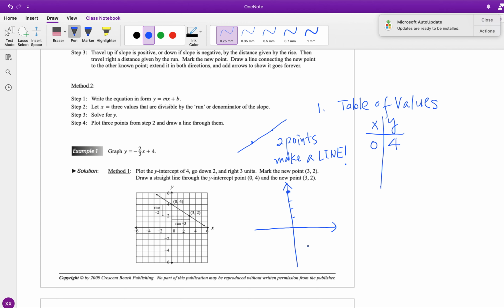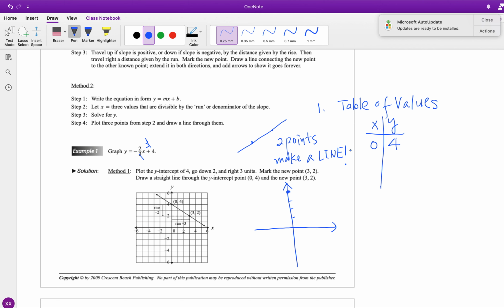And this is called the y-intercept to begin with anyways. And I can also say, how about I let x be 3, because then my y will be a whole number. If x equals 3, this 3 and this 3 cancel, that becomes negative 2.